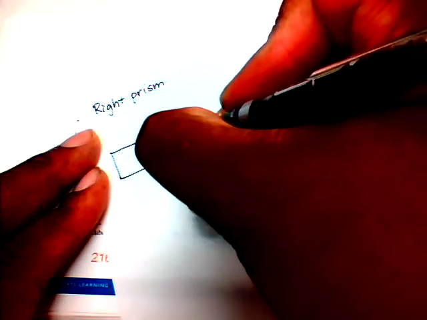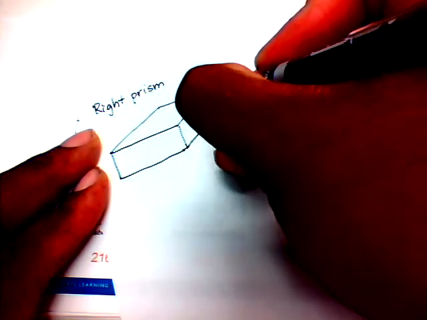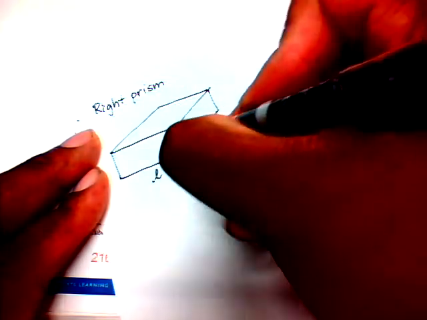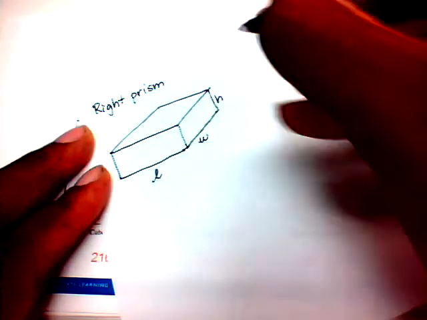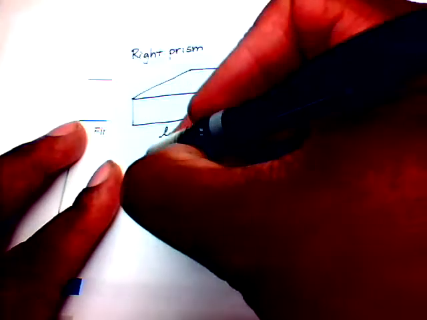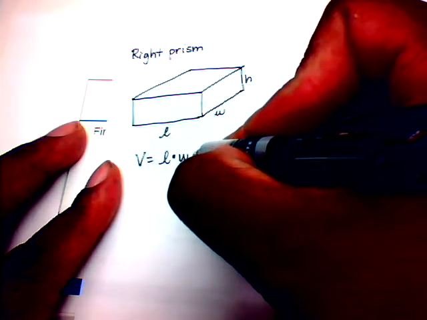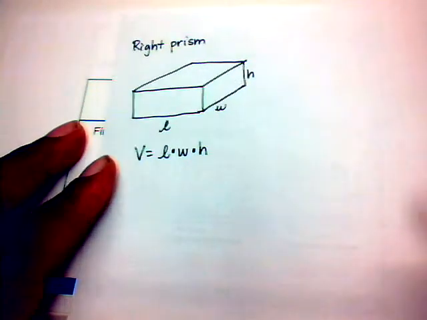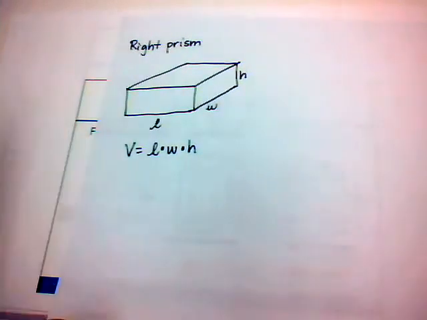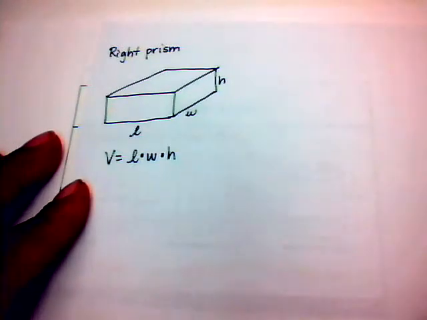And let's say that prism looks somewhat like this. And it does have a length and a width and a height. Okay. To find the volume, you just simply multiply the length, the width, and the height. Now, I believe I mentioned this before, and we talked about this earlier in this video about the right prism.